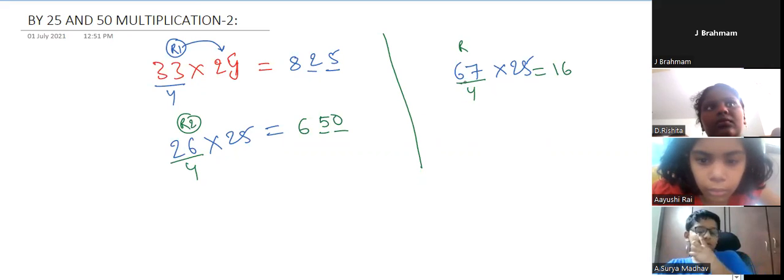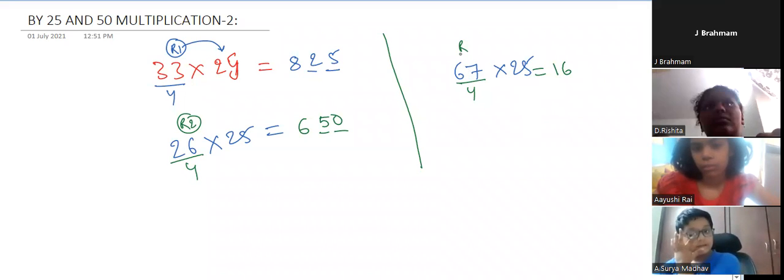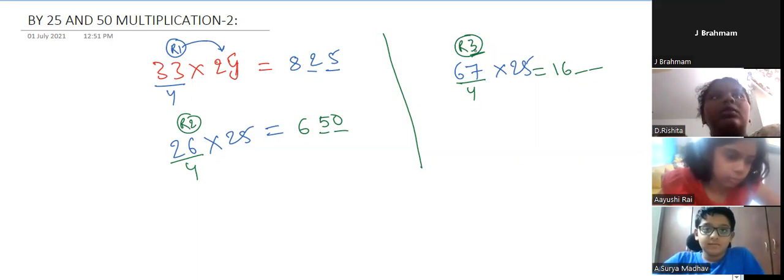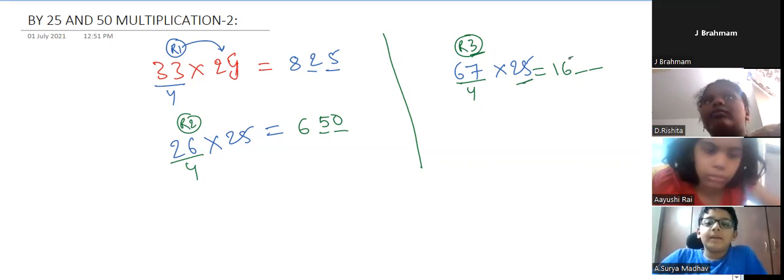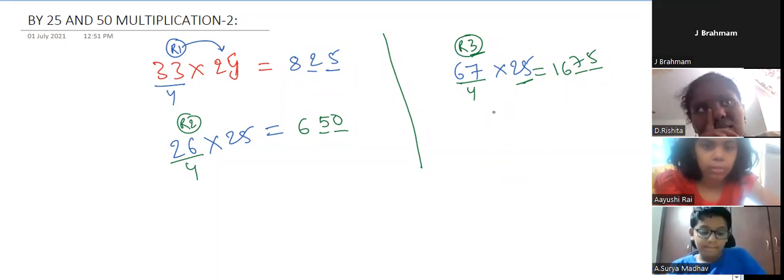What is the remainder? The number is 67, so the remainder is 3. With 3 as the remainder, the last 2 digits should be 7 and 5, because 3 multiplied by 25 becomes 75. So the answer is 1675.